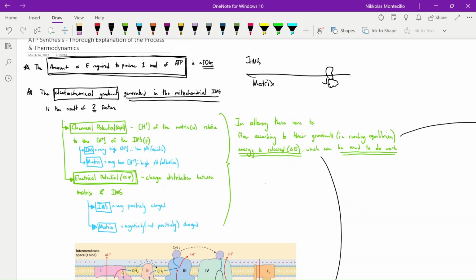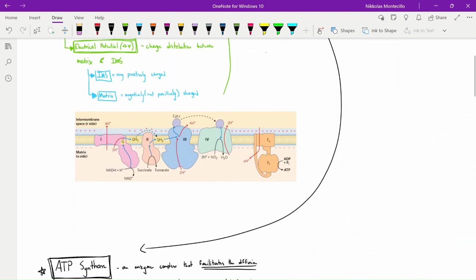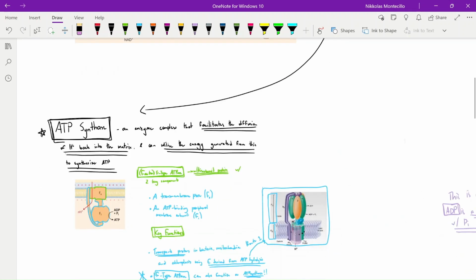So, allowing these ions to flow according to their gradients, in essence reaching equilibrium, energy is released, which is represented by delta G, and the free energy that's released from these reactions can be used to do work, and that's essentially how ATP synthase works.